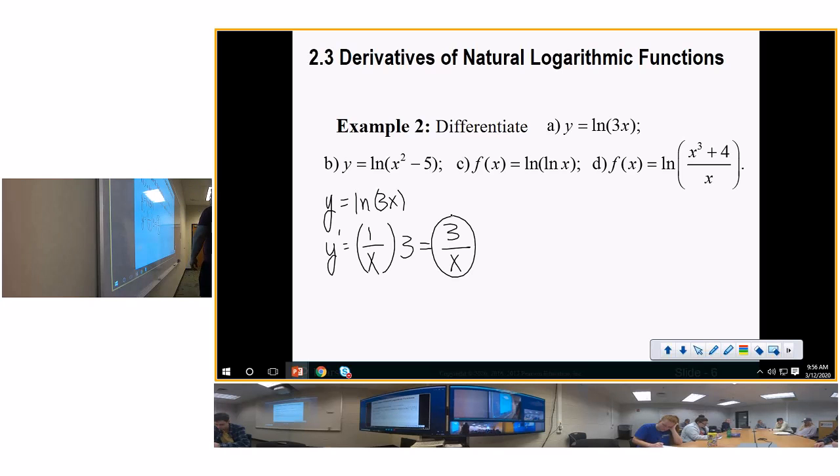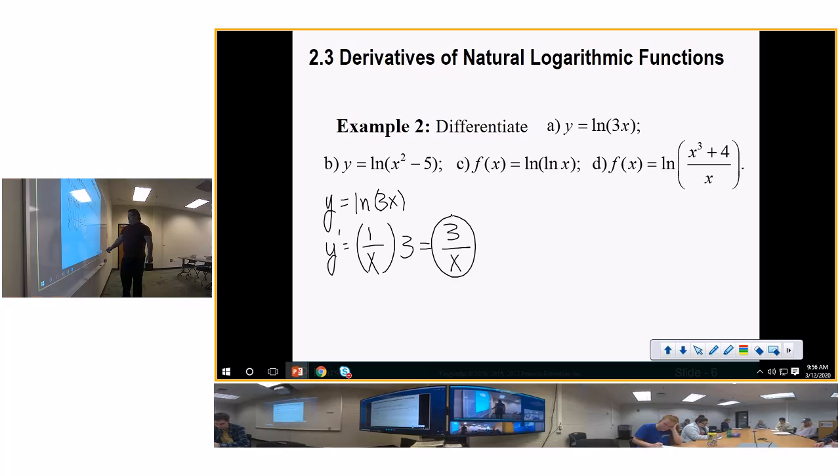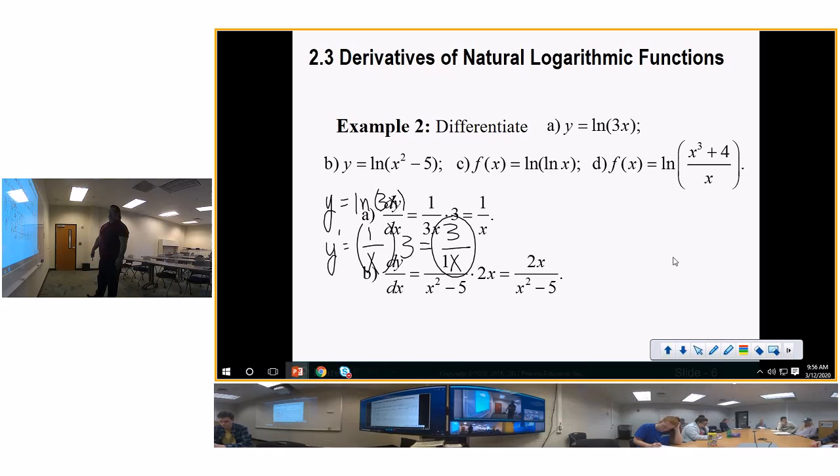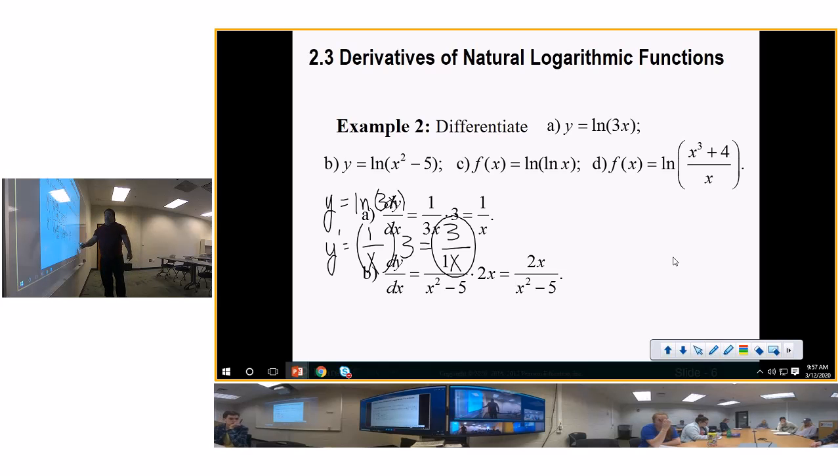So that's number 1. Now we're going to have to do the second one. And that should be 3. What are they doing? I did the 1 over 3x. Oh, I just forgot the 3x. My bad. Okay, so I've got, oh, they're doing b there.